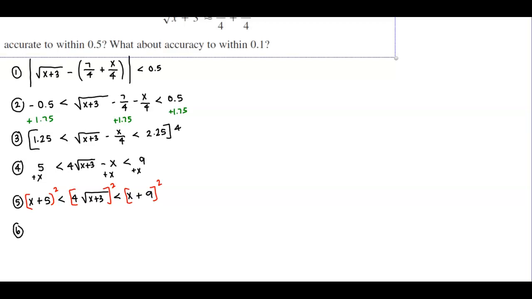So therefore, we have x squared plus 10x plus 25, which is less than, well, 4 squared is 16, gets rid of the radical, so that's 16 times x plus 3. And then this is x squared plus 18x plus 81.